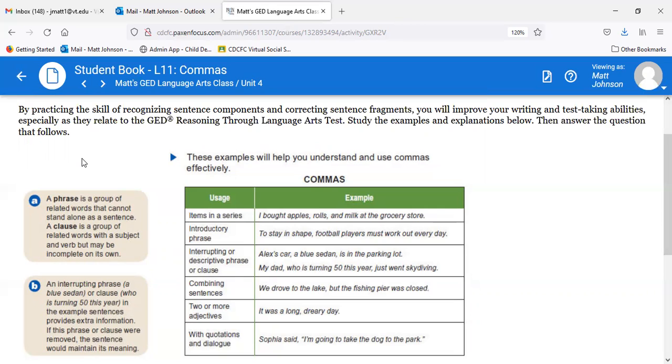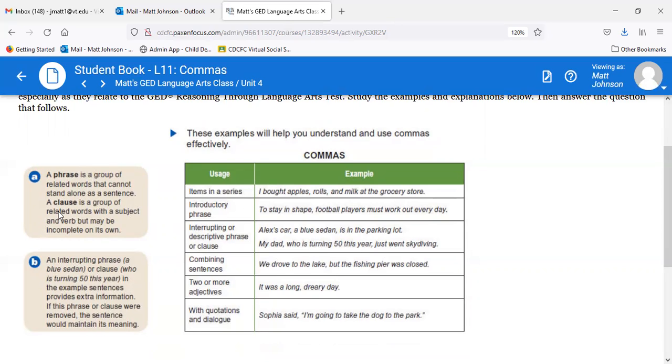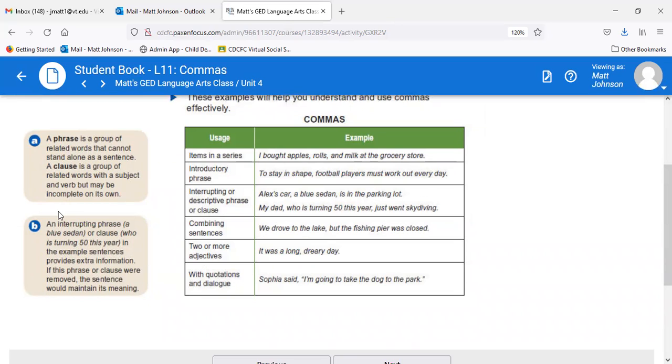An independent clause is basically just a small sentence. A dependent clause is basically a sentence fragment where you have a subject and a verb, but you don't complete a whole sentence. And then a phrase is just a tiny group of words that may or may not have a verb or a noun, but it doesn't have a subject and a verb to make it a clause.